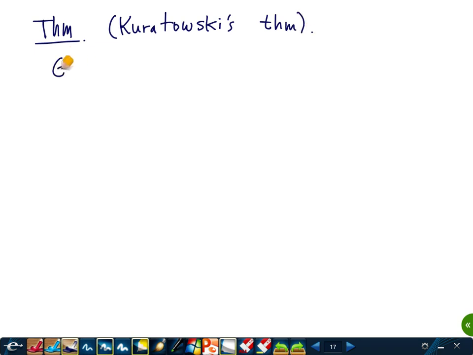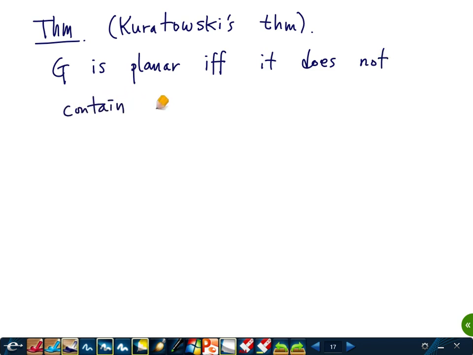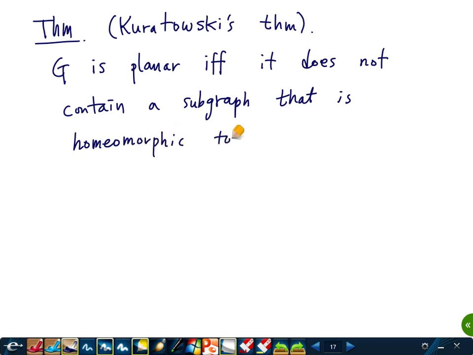The theorem says G is planar if and only if it does not contain a subgraph that is homeomorphic to K3,3 or K5.